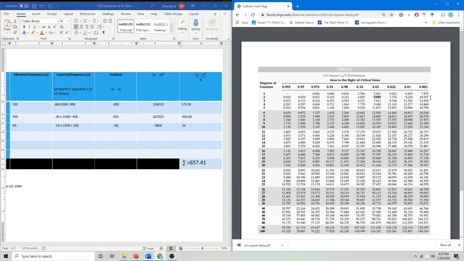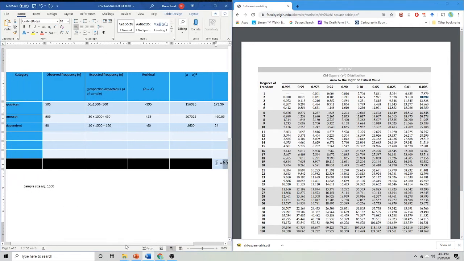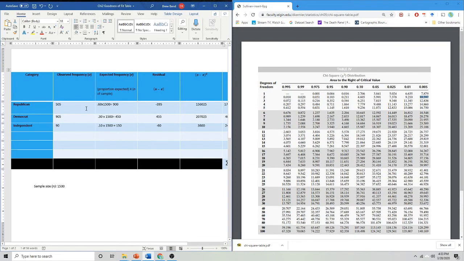In fact, we could also reject our null hypothesis by a large margin at the 0.005 level. We could probably reject it at the 0.0001 level because that's a big difference. You see that in Newport News, you've got 550 Republicans when we would expect to have 900.